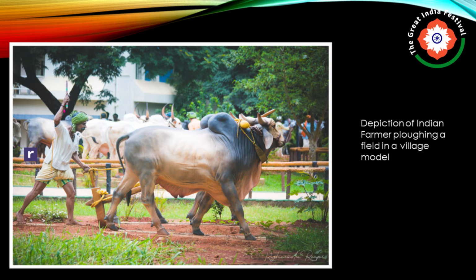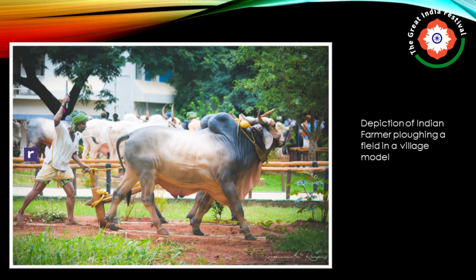Of course, these are depictions, not the real one. It's a model, easy to capture, but this shows the way it was done in tradition. The plowing of the field by the farmers in earlier days. Of course, now with industrialization, there's a lot of technology and machinery involved, but this is something which was done earlier.